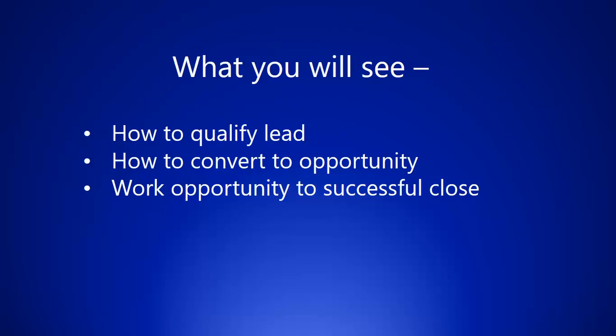Now, like I mentioned, what we're going to show you is how did you qualify a lead, and then how did we convert that lead to an opportunity, which we just did. And next, we're going to talk a little bit about how do you work that opportunity a little bit more. So I'm going to point out some things in the tool.